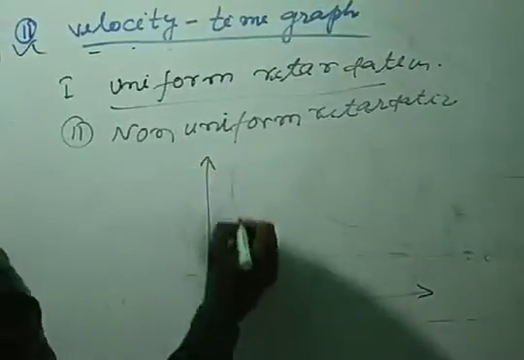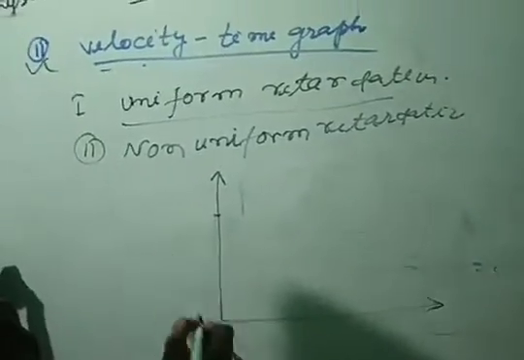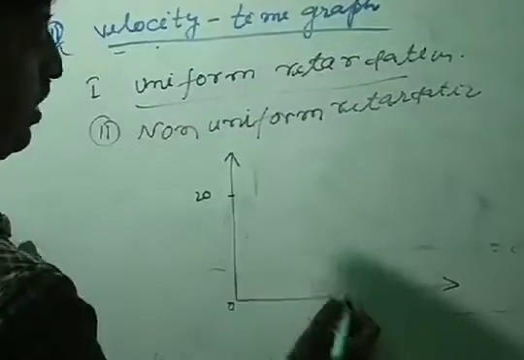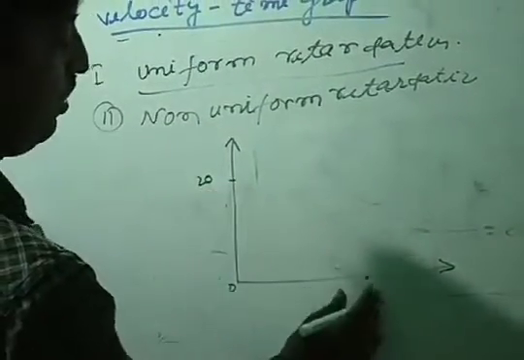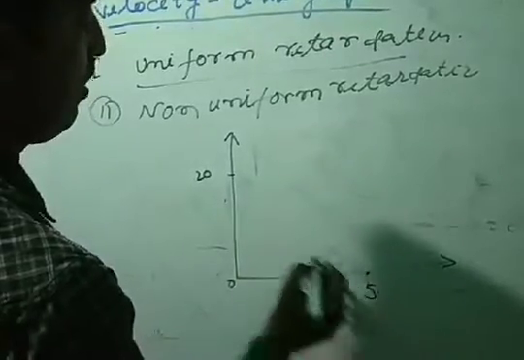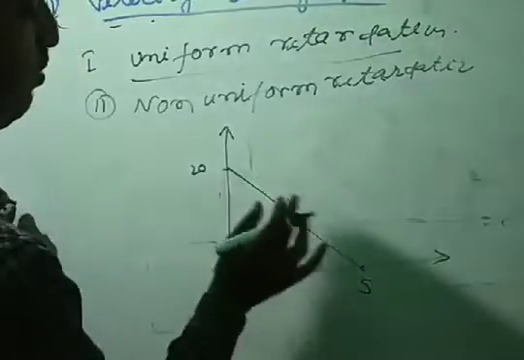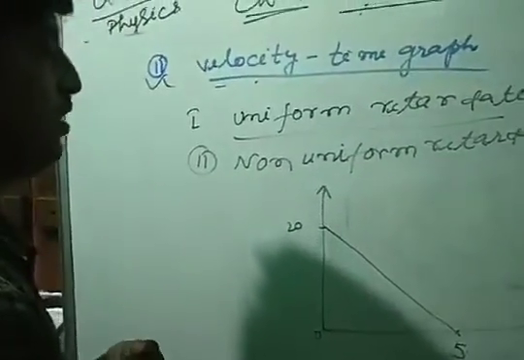Here let a body start moving from 20 meter per second and in 5 seconds its velocity becomes 0. So the graph of the body will be as follows, and the slope of this graph gives uniform retardation.